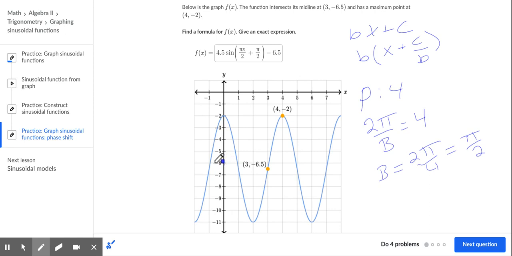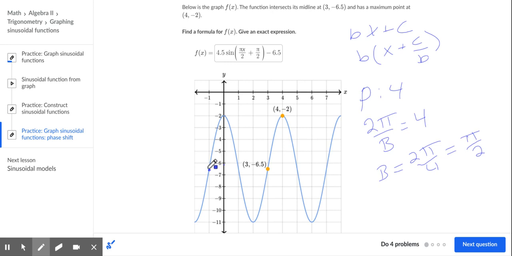That would be a point at the midline where you're going to go from the midline up. Because if it's going from the midline down, that would be a negative sine function. If I chose this as my starting point, I could do that, but I would have to have a negative in front here. I'm going to choose this as my starting point.